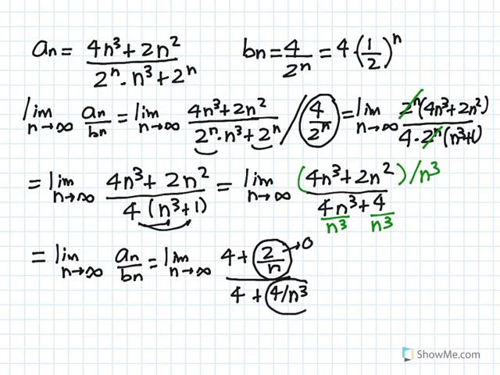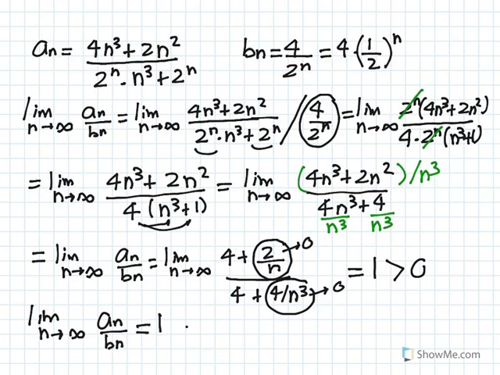For the same reason, 4 over n cubed approaches 0. This ratio is equal to 1, which is larger than 0, is a constant, and exists.